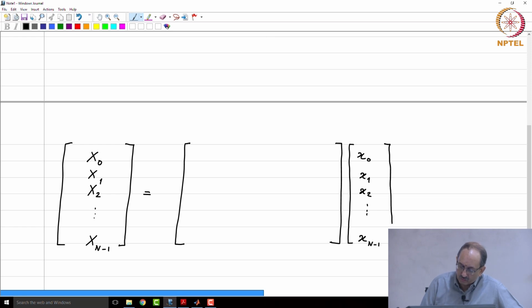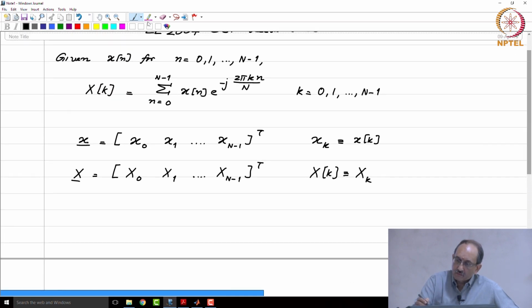So, this is what is called as your data vector. The other vector is generated by e to the minus j 2 pi k little n by cap N, and then for each inner product you are going to vary little n. For a given k you are going to vary little n as given in this summation.